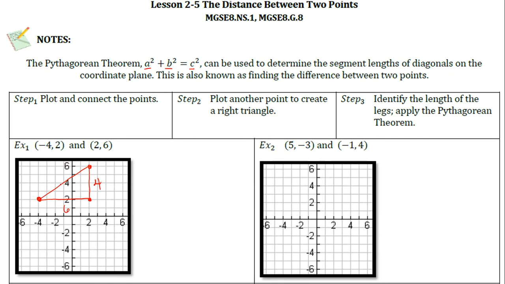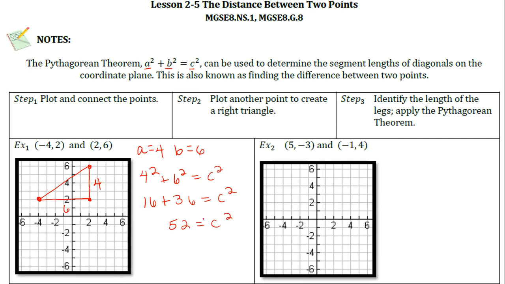So we're trying to find the hypotenuse. So let's let A be 4 and B be 6 and plug into our formula. We have 4 squared plus 6 squared equals c squared, the distance of this diagonal. 16 plus 36 is equal to c squared. When I add these together, it looks like we have 52 is equal to c squared.